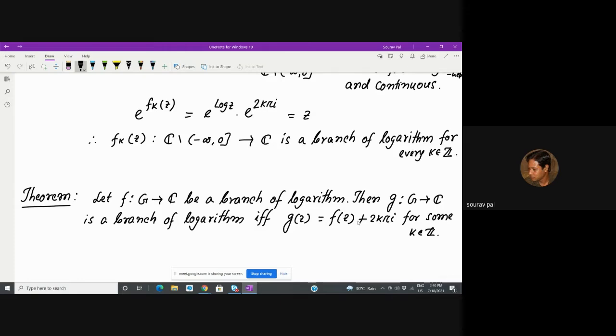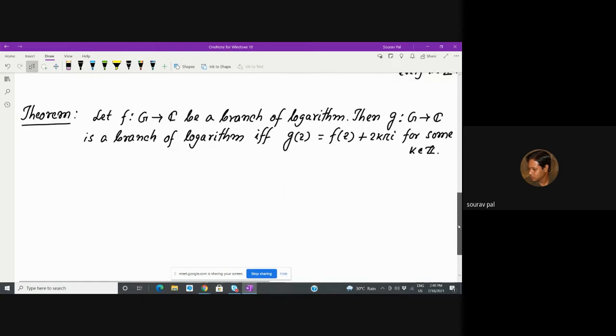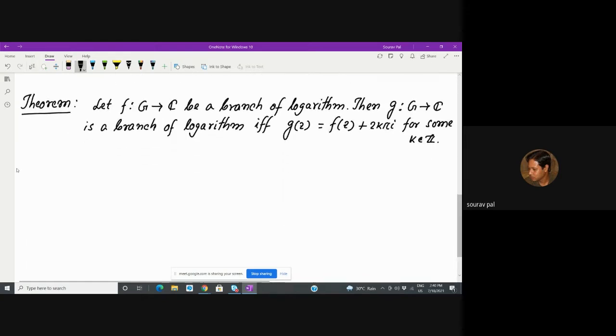That's what this theorem tells us. This is if and only if. Okay. So the proof is, I would say, very easy in a similar fashion. So if g is of this form, then there is nothing to prove.